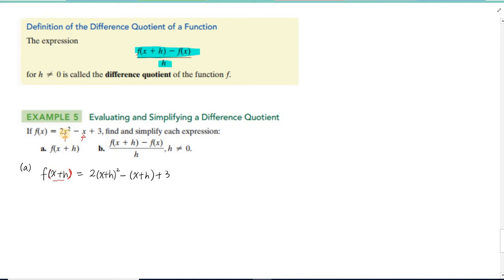Any x you see, you replace with x plus h. That's what we did. Once we do this, we're going to simplify it. So we're going to have 2 times... You can use the FOIL method to simplify this, whatever method you like. I'm just going to use the (a plus b) squared form, that will be a squared plus 2ab plus b squared.